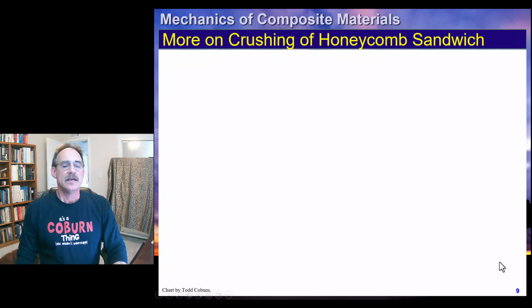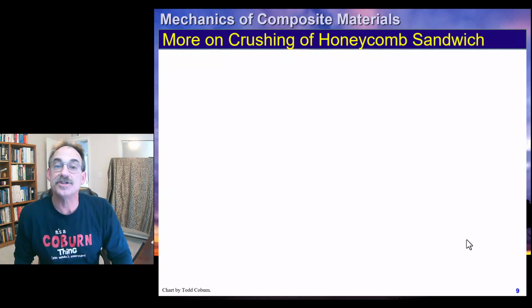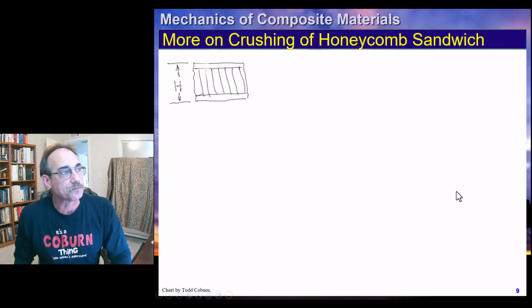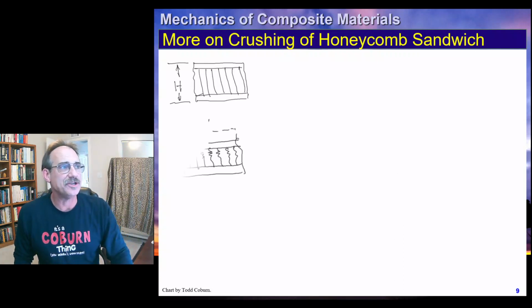Okay? Let's look a little bit further at crushing of honeycomb sandwich, because this is such an important thing, and honeycomb provides a number of advantages for energy absorption, and so they're often selected for that purpose, and crush strength then is important to be understood. So if we have a sandwich, we're looking at H, that's the distance from top surface to bottom surface, that capital H dimension.